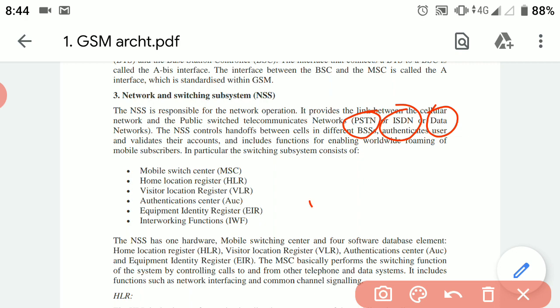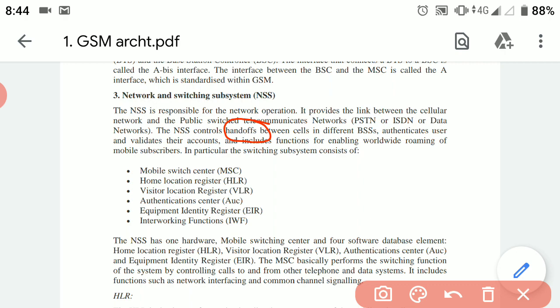So this network switching center connects these networks to a particular cellular system. The NSS is responsible for the network operation. It provides the link between the cellular network and the public switched telecommunication networks. The NSS controls handoffs.